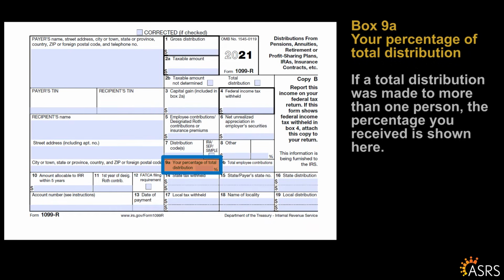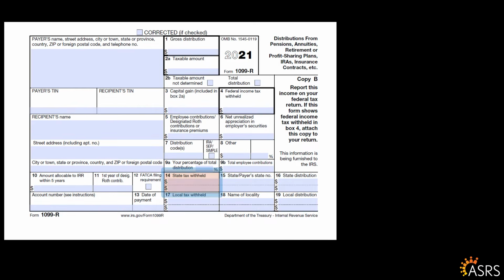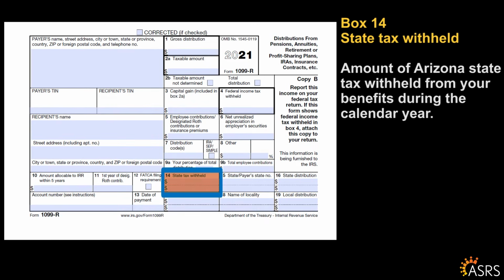Box 9A, percentage of total distribution. If a total distribution was made to more than one person, such as a domestic relations order settlement or a beneficiary's settlement, the percentage you received is shown in 9A. State tax withheld. This is the amount of Arizona state tax withheld from your benefits during the calendar year.